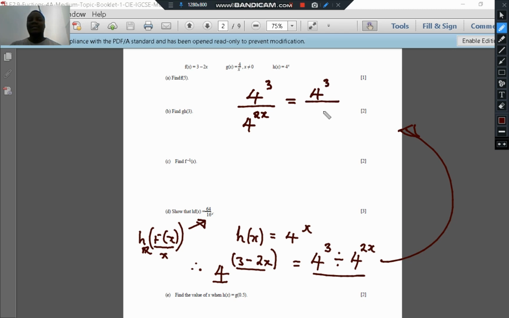Follow me nicely, this is a very interesting question. And I'm also going to say this is the same as 4 to the power of 2, then everything to the power of x. It's the same thing, it doesn't change anything.